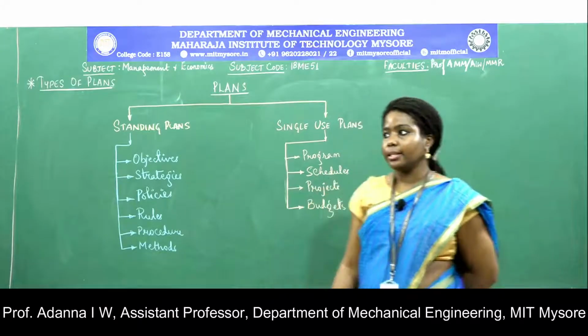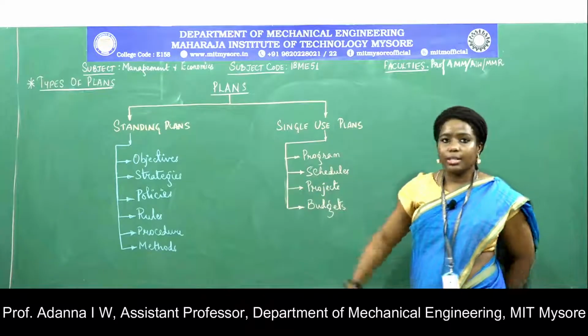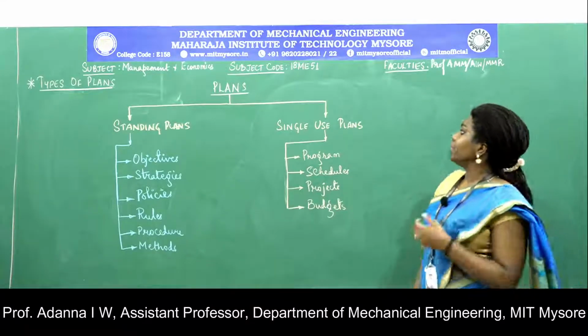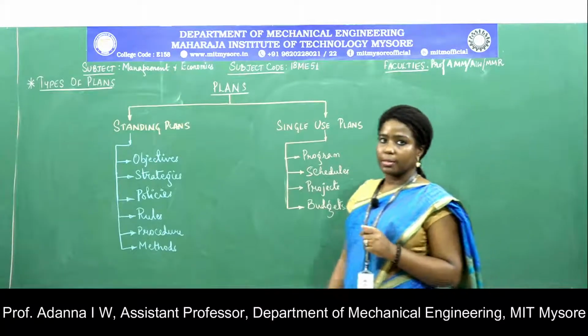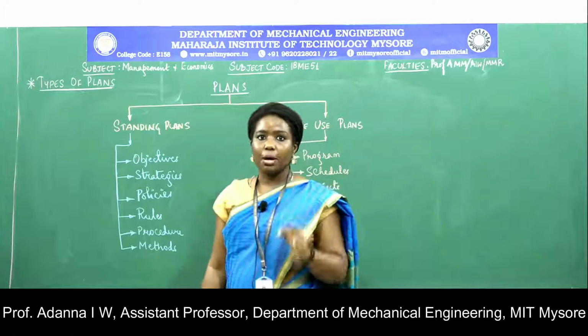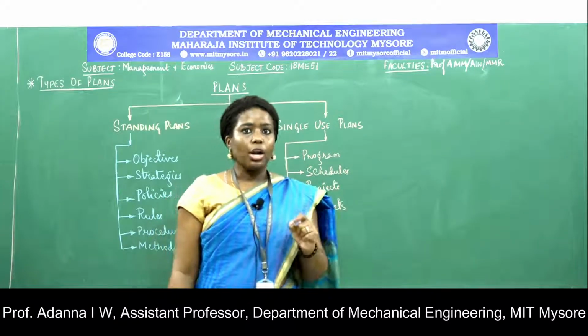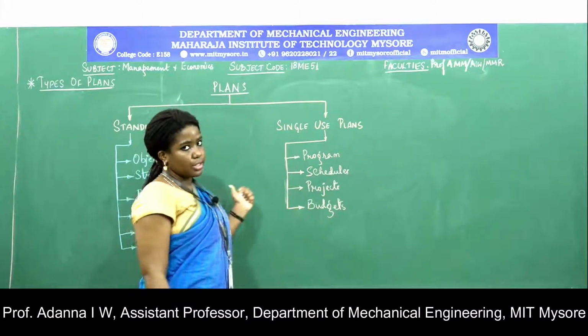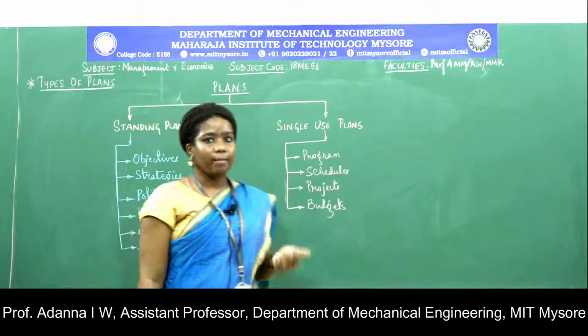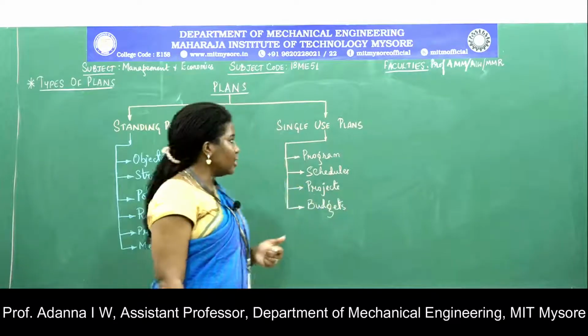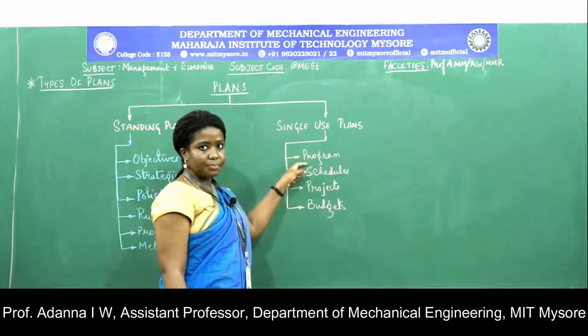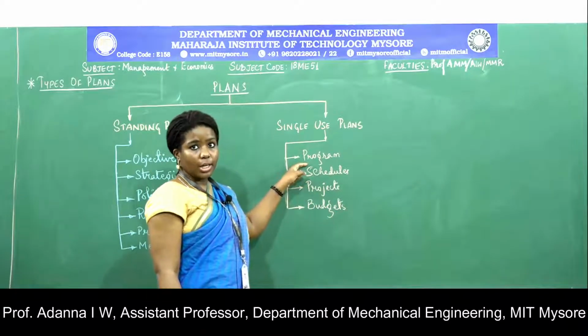The next type of plan that we see is called a single-use plan. What is a single-use plan? A single-use plan, as the name itself suggests, will change from person to person and from project to project. So along with the standing plans, the organization will also have single-use plans. A single-use plan deals with the programs that are involved in the organization.